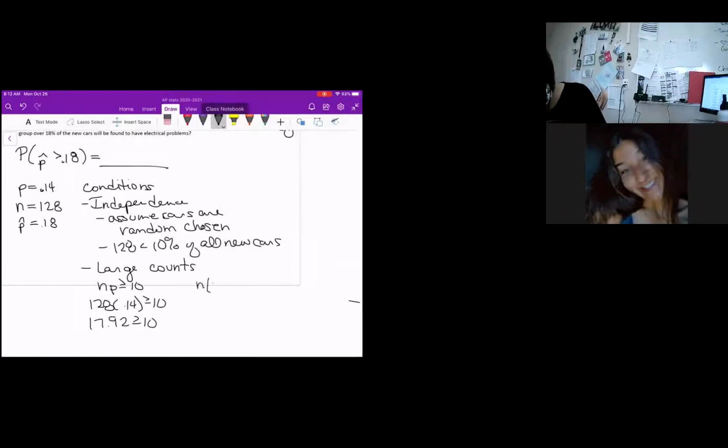And then n times 1 minus p has to be greater than or equal to 10. Same idea. 128 times 0.86 is going to be greater than or equal to 10. And that's going to be 110.08. Did I subtract that correctly? Okay. Conditions are met to apply a normal model.